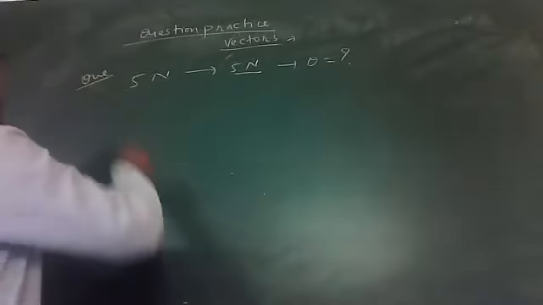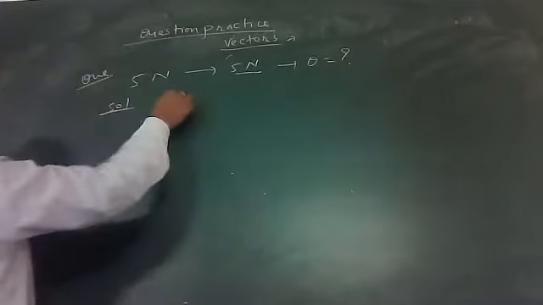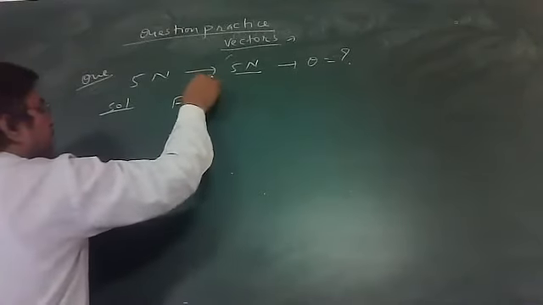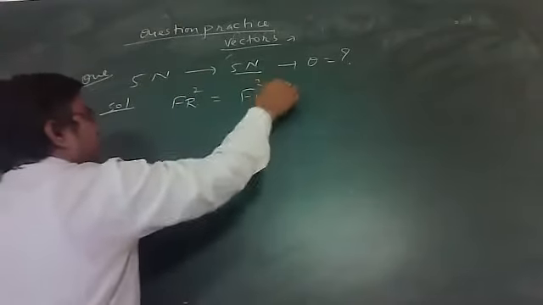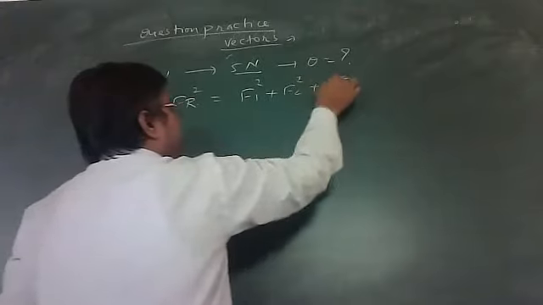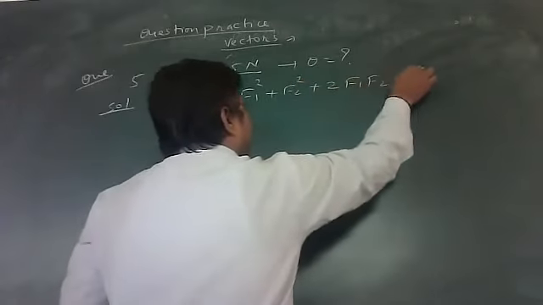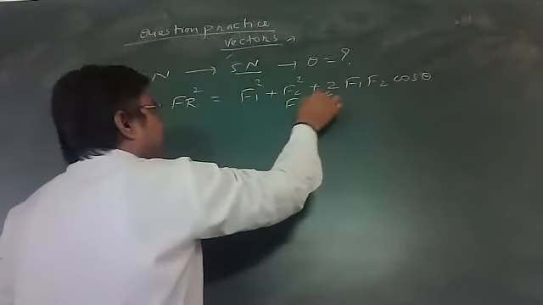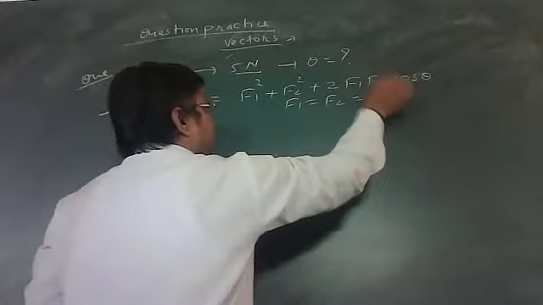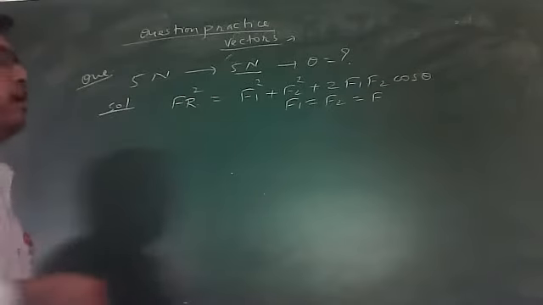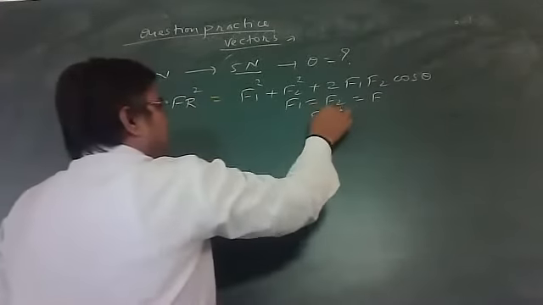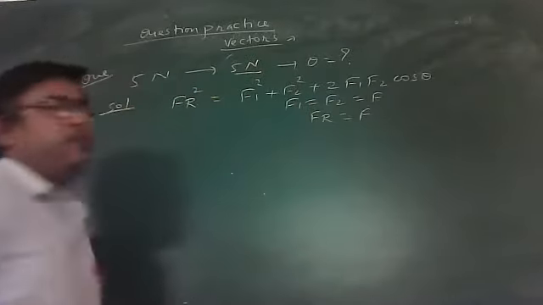See the solution, how we are getting it. We all know the expression of resultant: Fr square is equal to F1 square plus F2 square plus 2 F1 F2 cos theta. The question gives you F1 is equal to F2. Let's suppose F1 is equal to F2, that is equal to F, and the resultant force is also F, as given by the question.